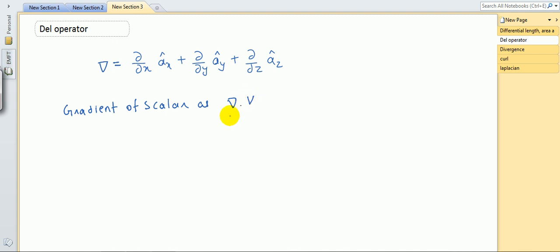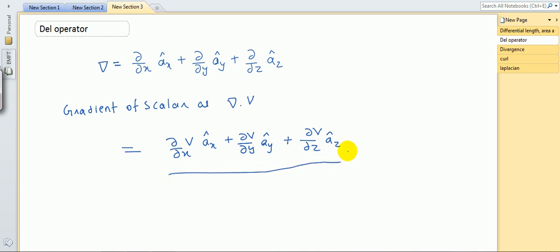So it will be del V by del x ax cap plus del V by del y ay cap plus del V by del z az cap. Now this is in the rectangular coordinate system.